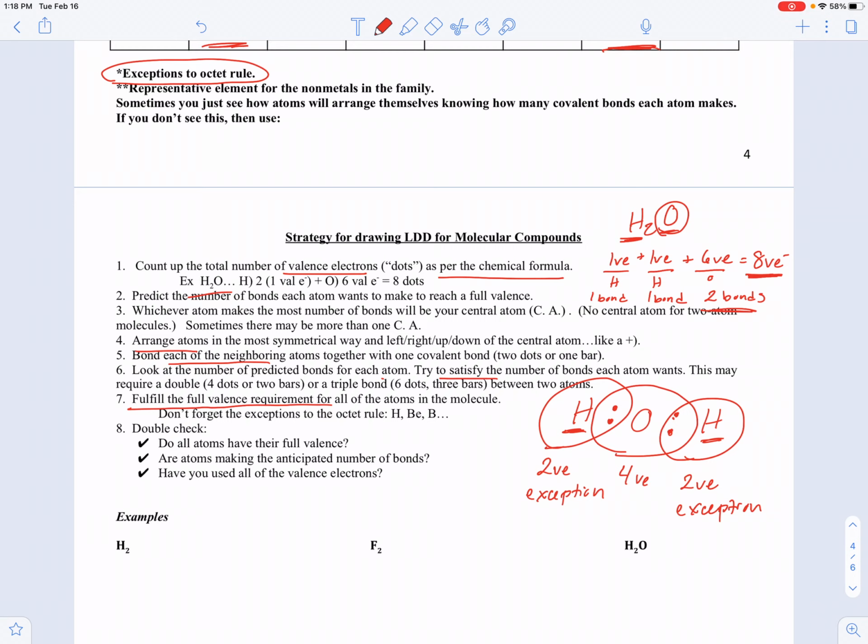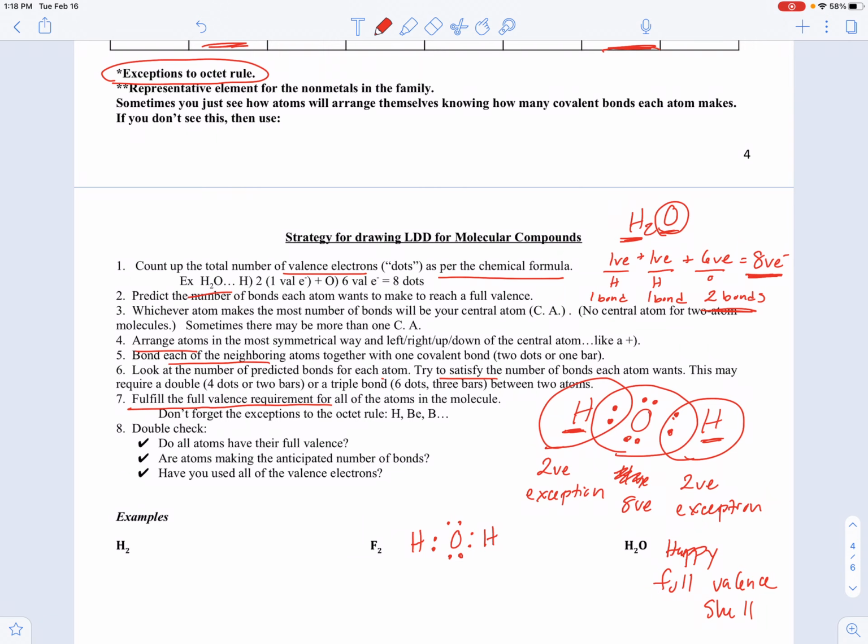So I can put my additional 4 electrons onto my oxygen, and now it has 8 valence electrons, and now everybody is happy with a full valence shell. So when I draw this, I can either draw it like this.